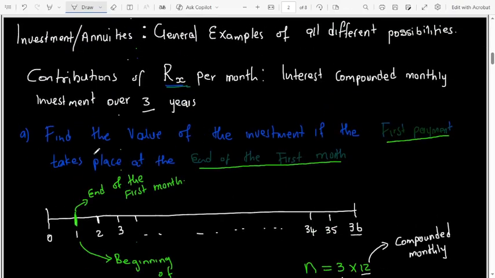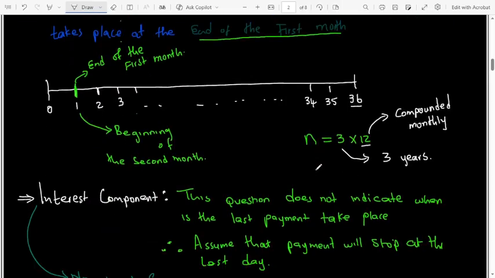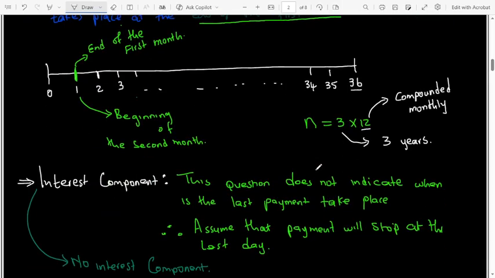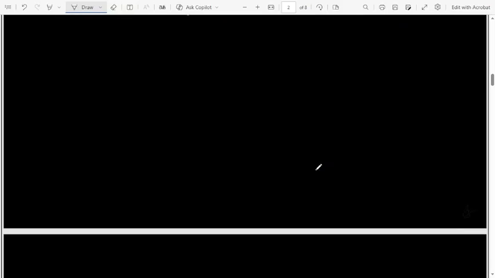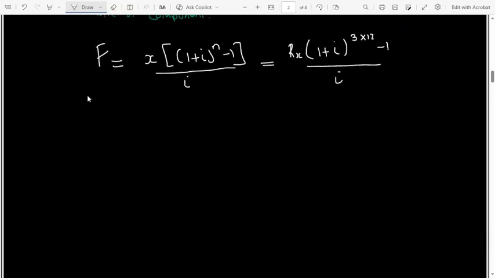Remember the first question said find the value of the investment if the first payment takes place at the end of the first month, but they did not indicate where the last payment takes place. So how about if they indicate when the last payment takes place? Let's look at this example.